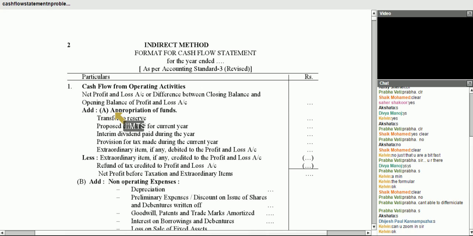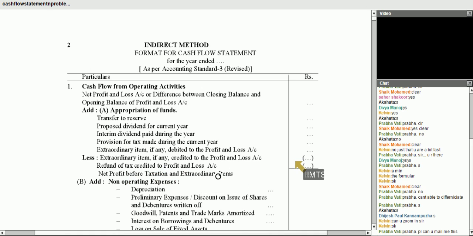So we can add what all things we can add over here: transfer to reserve, proposed dividend for the current year, interim dividend paid during the year, provision for tax made during the current year, extraordinary item if any debited to the profit and loss account, and here we can less, which means subtract, extraordinary item if any credited to the profit and loss account, refund of tax credited to profit and loss account, net profit before taxation and extraordinary items.